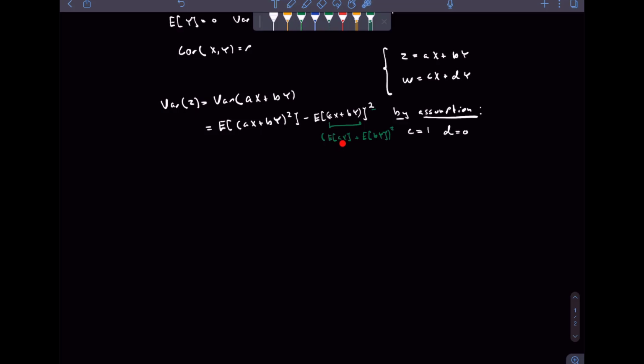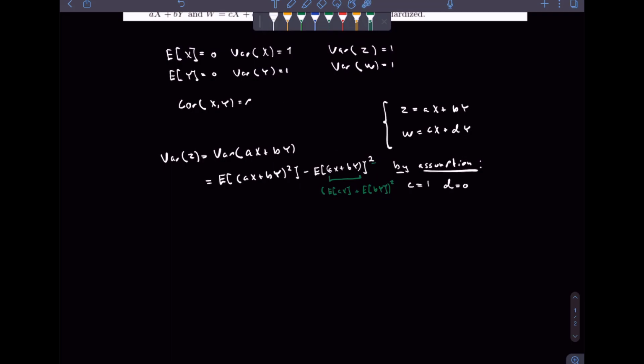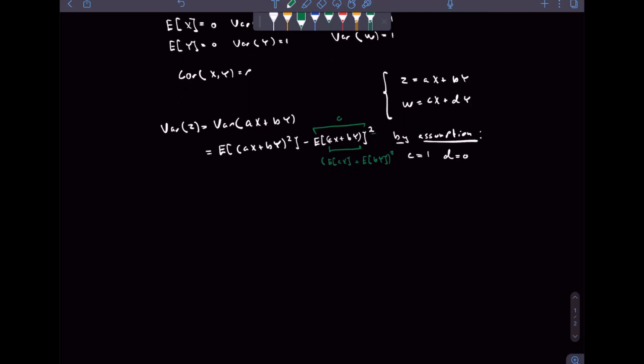We can pull out the constants, and we know the expectations of X and Y are 0 from what was given. So this whole thing just becomes 0. That facilitates a bit.